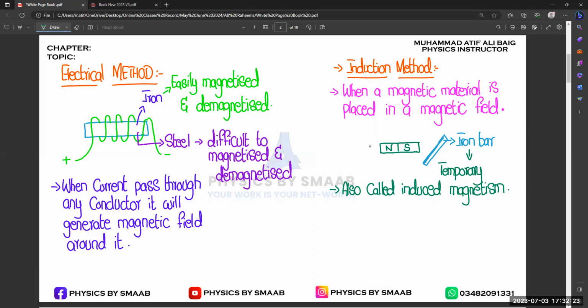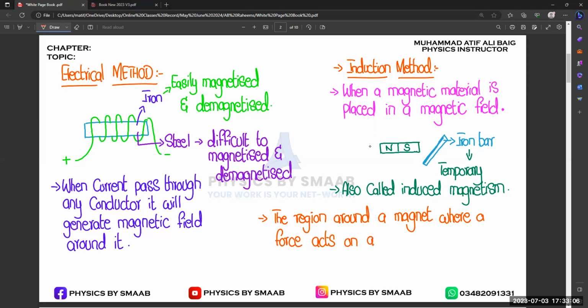So first of all, let's define the magnetic field. The magnetic field is a region around a magnet where a force is applied on another magnet or any other magnetic material.